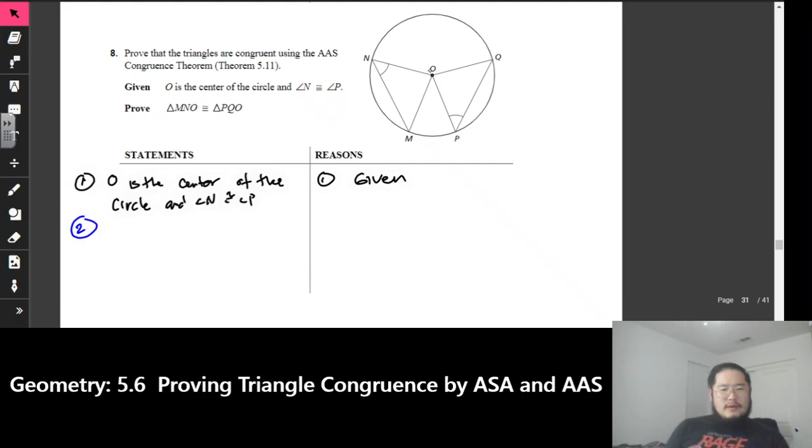O to N. What type of segment is that? If it's from the center to the outer part of the circle, that's the radius. ON is a radius. OQ is a radius. OM is a radius. OP is a radius.